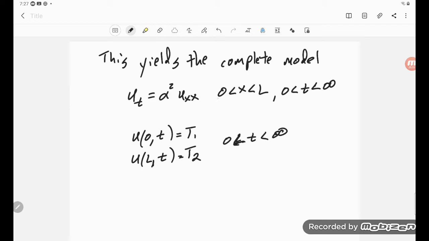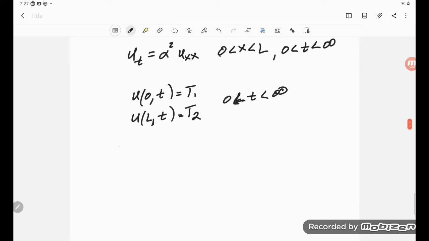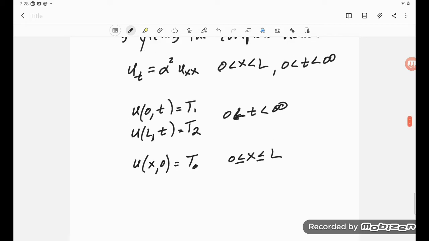So you see we've taken care of the case where x equals 0 and x equals L. And then our initial condition takes care of the case where t equals 0. We have u of x, 0 is equal to T0, and that's 0 less than or equal to x less than or equal to L. So there's a complete model right there.